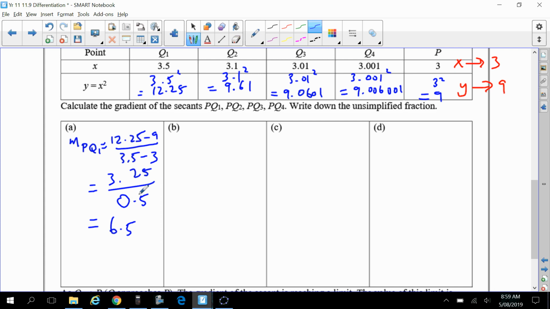Next one, can you do the same for PQ2, PQ3, and PQ4? Good, excellent.